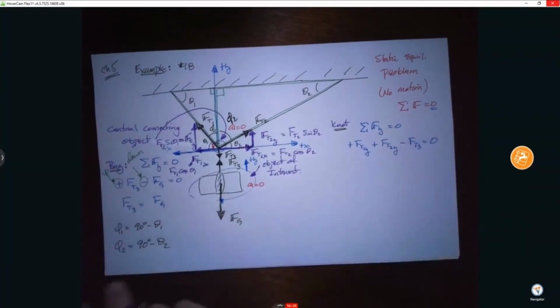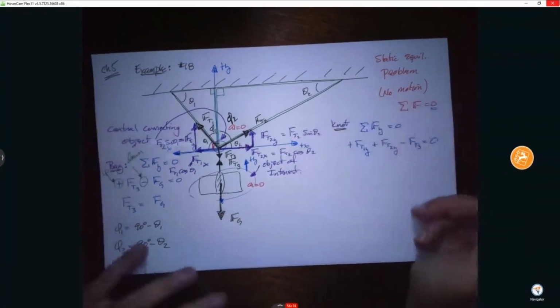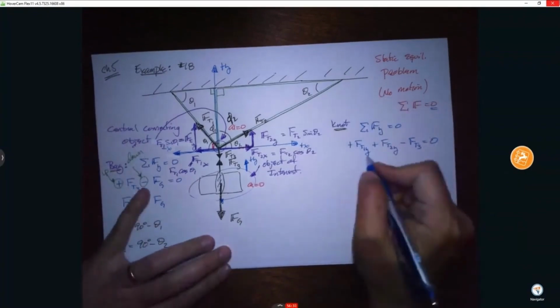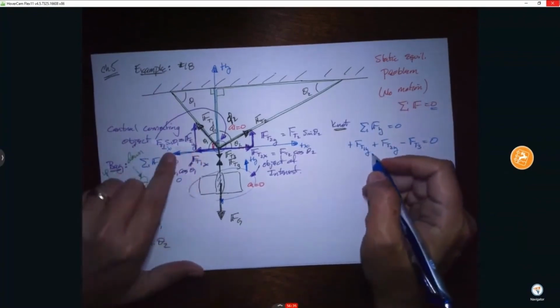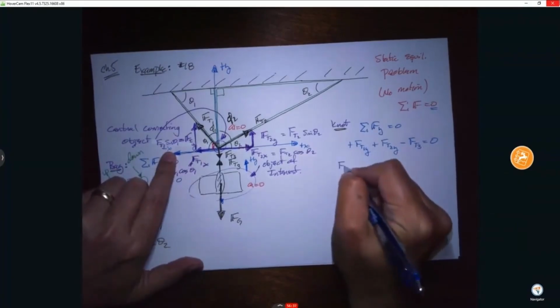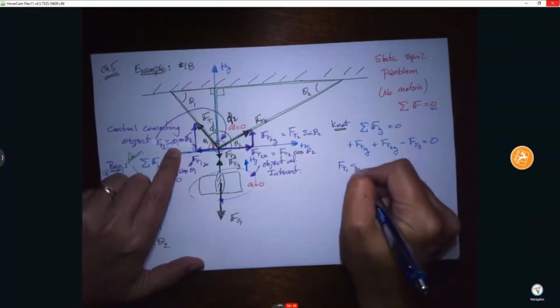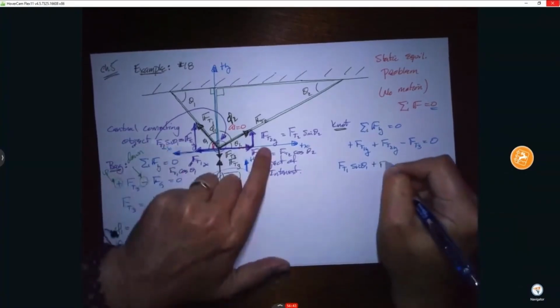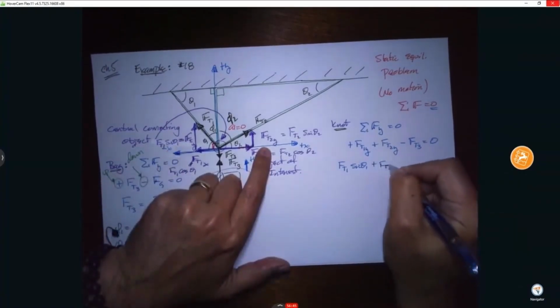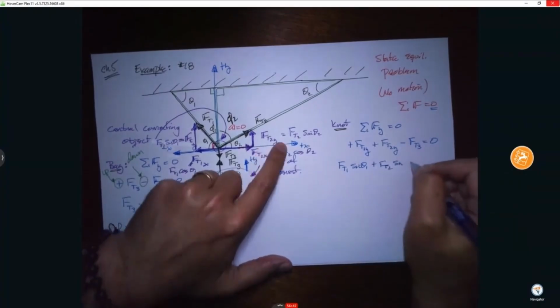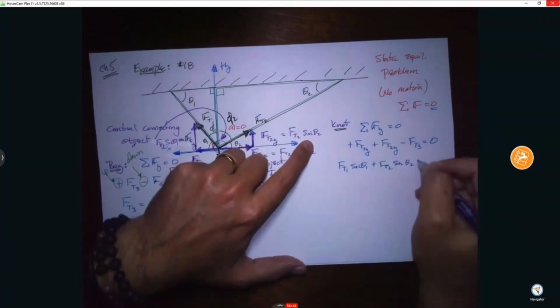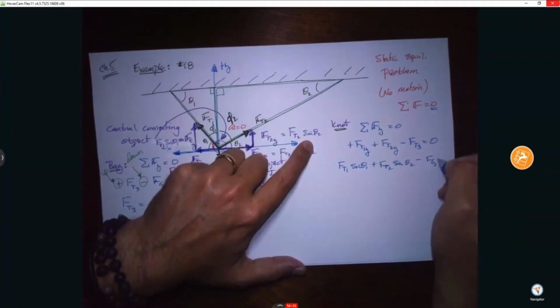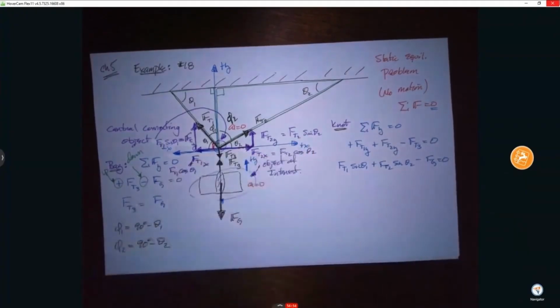And then these are going to represent the magnitudes, and we worked out equations for those magnitudes. And so with force tension 1y, this was our Ft1 sine of theta 1, plus Ft2 sine of theta 2, and then this is minus Fg equals 0.